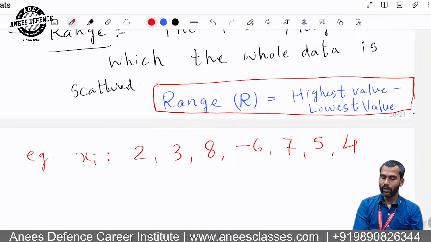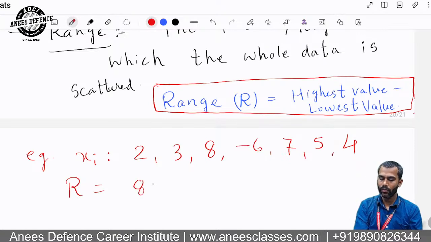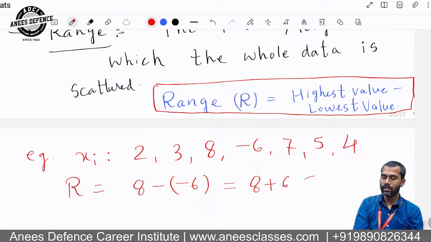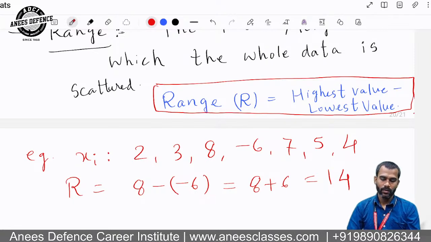So you need to find out range. What is the highest value here? 8. Very good. What is the lowest value? Minus 6. 8 minus (minus 6) is equal to 8 plus 6. Yes or no? Answer is 14. So range of this particular data is 14.